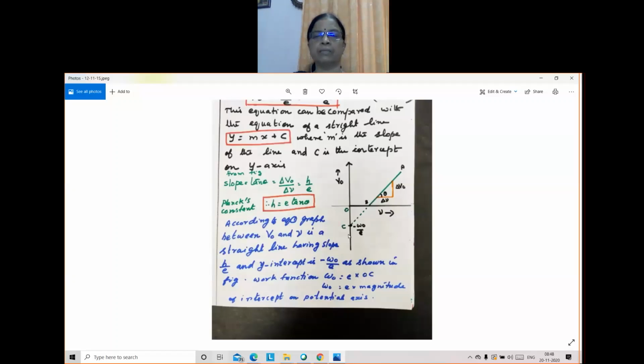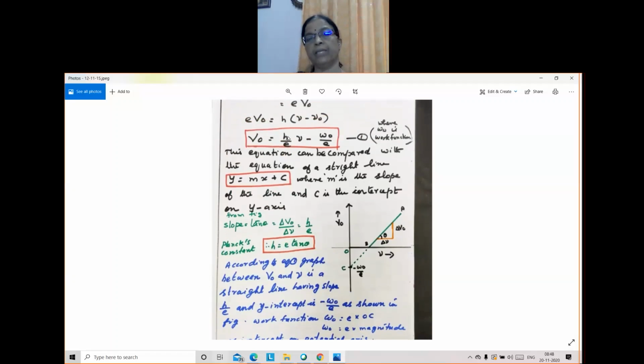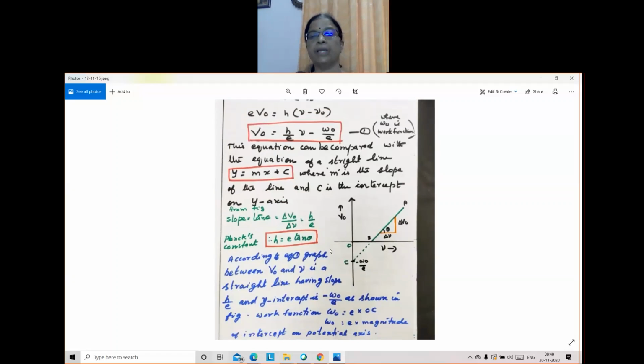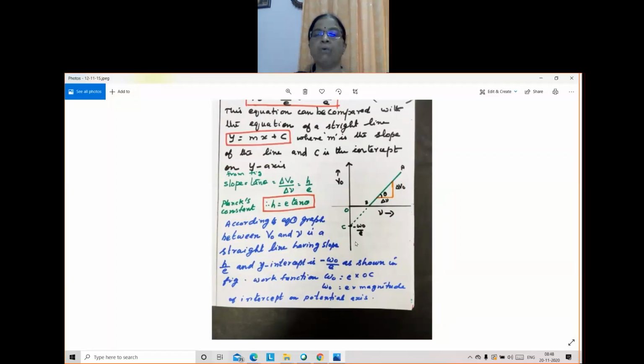Suppose we get 10, then e into the magnitude of the intercept on the potential axis, magnitude only. So from this graph, by finding the slope we get Planck's constant, and by finding the y-intercept we get the work function of the metal. You can expect problems.